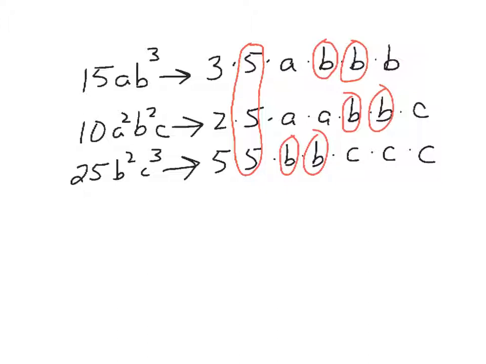The last one right here does not have any a's in it, so I cannot use a as a common factor. The first one does not have any c's in it, so I can't use c. So the greatest common factor of these 3 different algebraic expressions is just 5b squared, because I would do the b and the b together and get my b squared.